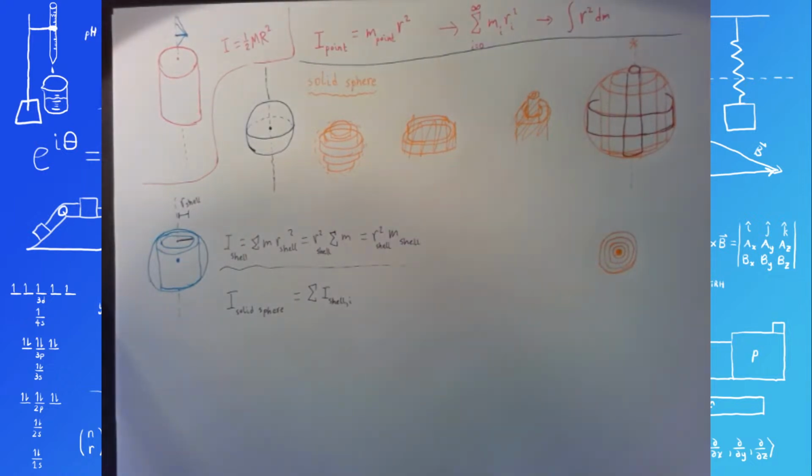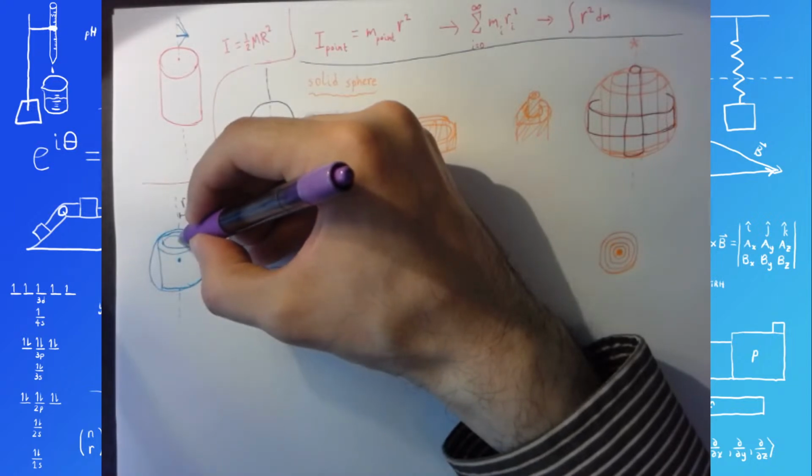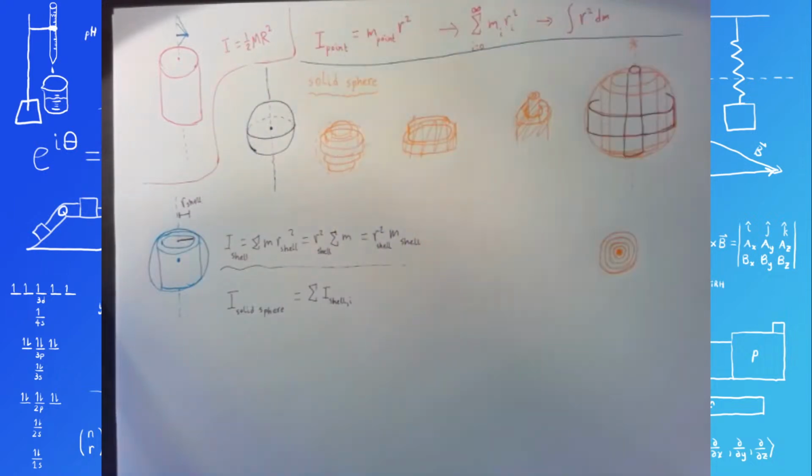So we need to come up with some sort of formula that applies to each and every shell that depends on, I want to say, just how far out that shell is, starting from the center. I want that to determine how much mass that shell is going to have.